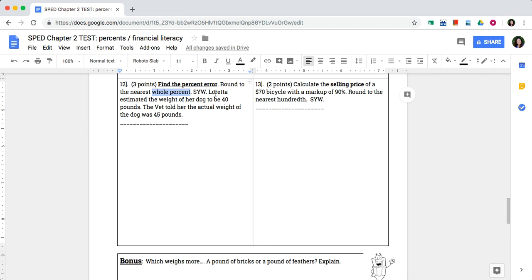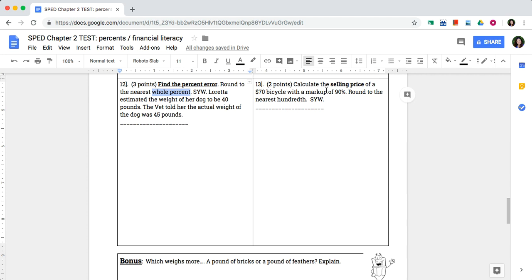Okay, Loretta guessed the weight of her dog to be 40 pounds. But the vet told her the actual weight of the dog was 45 pounds. So how do you find this percent error on here? Remember, you're rounding to the whole percent for this one.